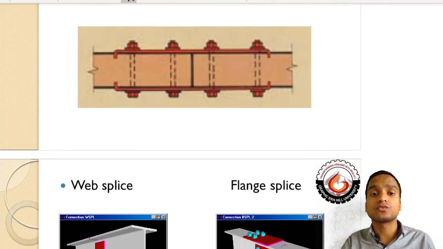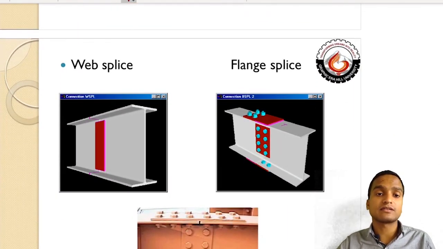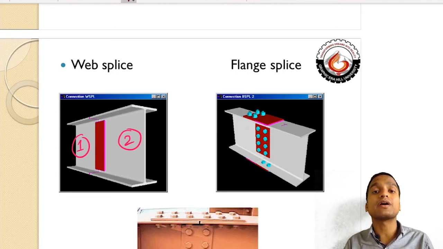web portion. Okay, and you can see the 3D view of web splicing. In this case the first tensile member is connected with the second tensile member and both have an I section, and in this case a splicing is done in the web portion. That's why it is called web splice.